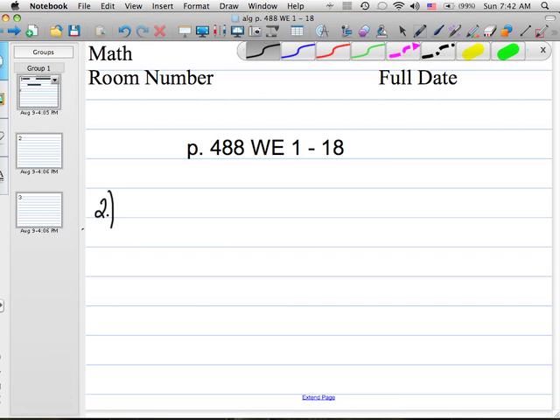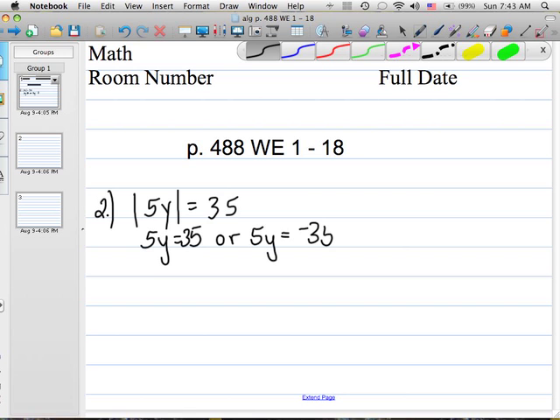It says solve each open sentence and graph its solution set. We have the absolute value of 5y equals 35. It's an equal to, so we have 5y equals 35, or 5y equals negative 35.